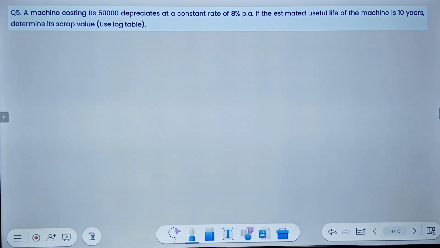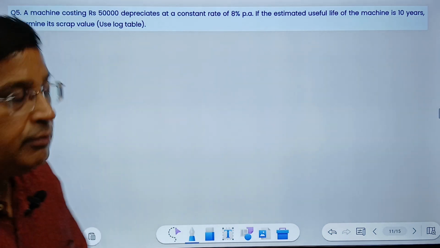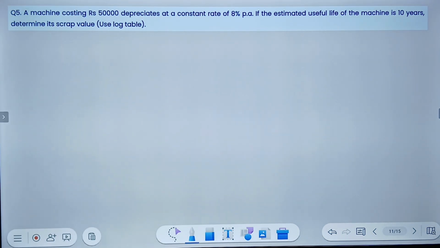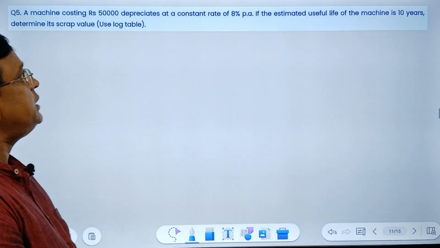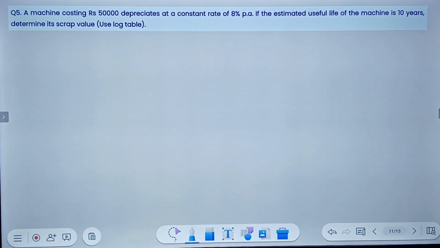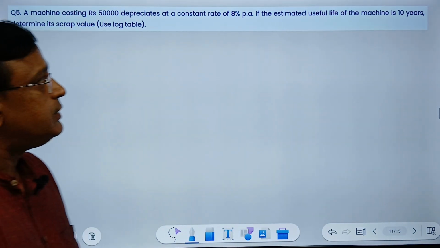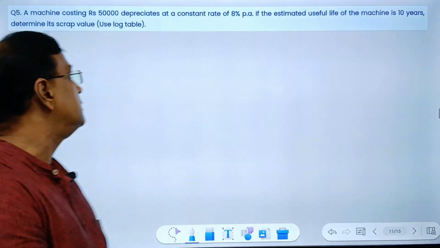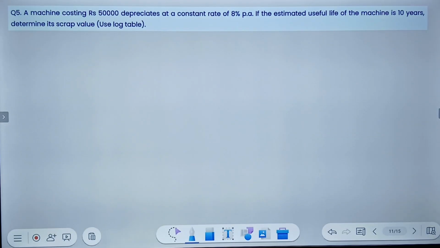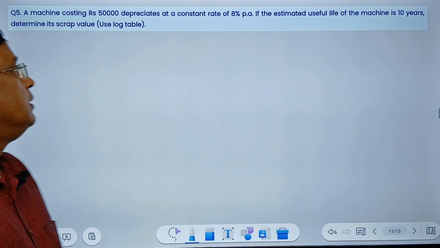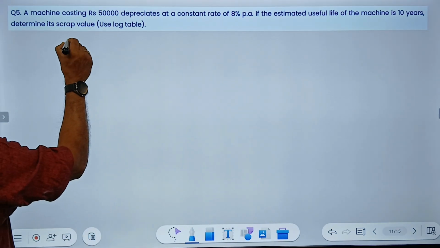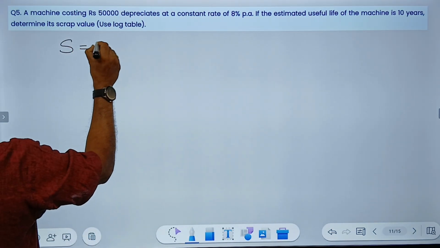Now question number 5. What is question number 5? A machine costing 50,000 depreciates at a constant rate of 8% per annum. If the estimated useful life of the machine is 10 years, determine its scrap value. Now, what is scrap value equal to?